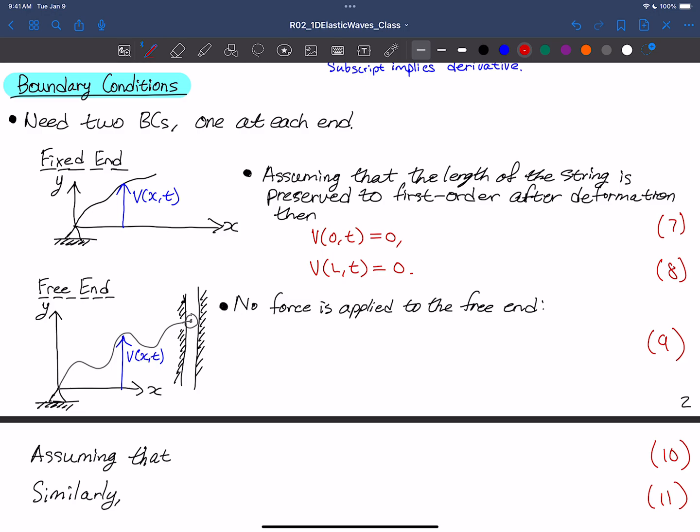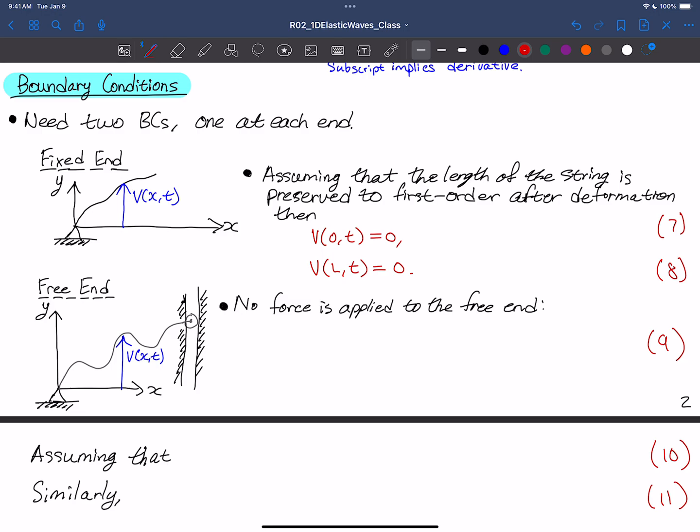Now, when we have a free end, which is the next simple boundary condition, we're assuming that there's no force applied to the free end, and that this little ball I drew here is sliding up and down. There's no friction there, there's no mass associated with that. No force is acting at that free end.